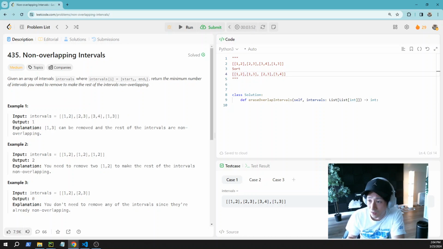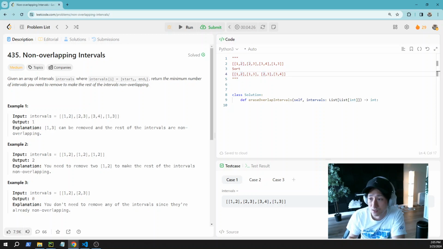And now we come to [2,3], and then see 2 is not less than 2 because it's equal. So I don't have to remove this [2,3]. So I'm not going to increment the answer, but I'm going to update the current ending. Actually, I don't need to keep track of the start. I just keep track of the previous ending, and then just compare the current start.